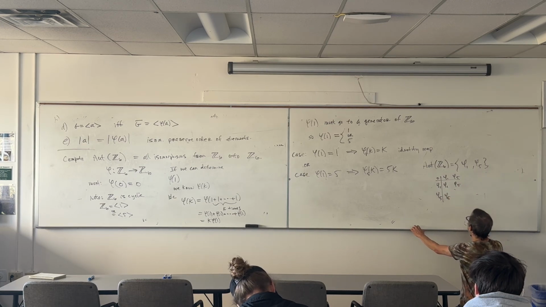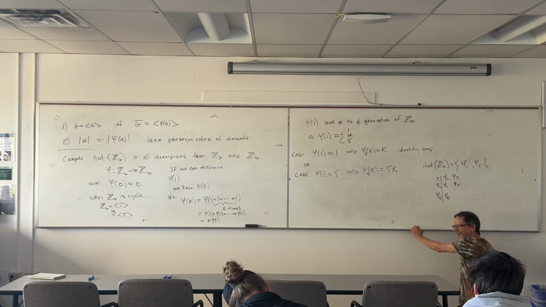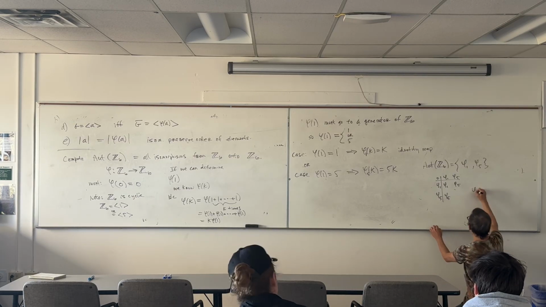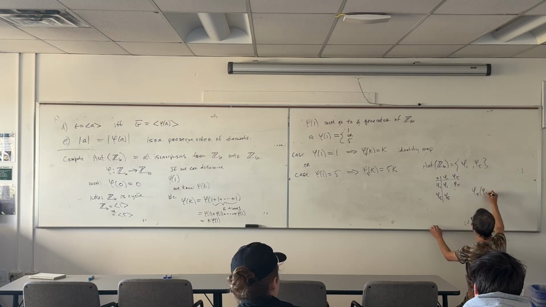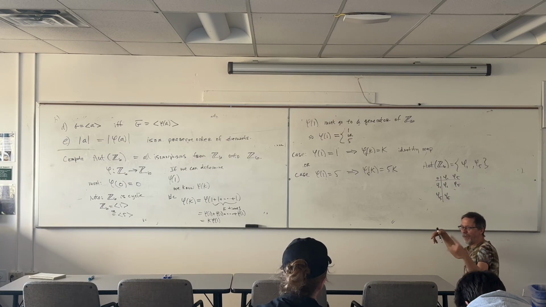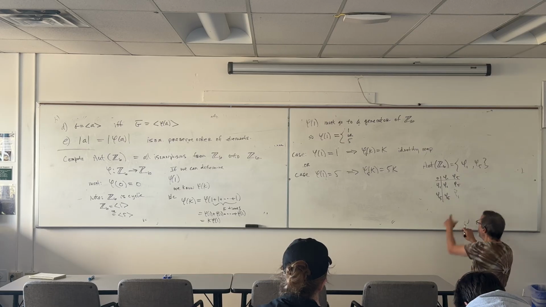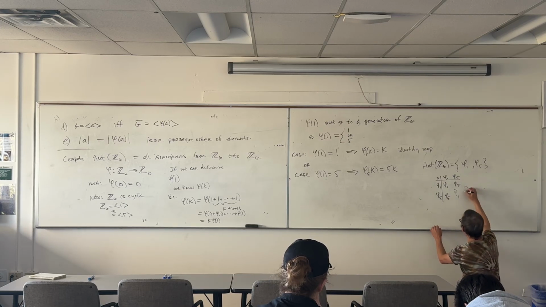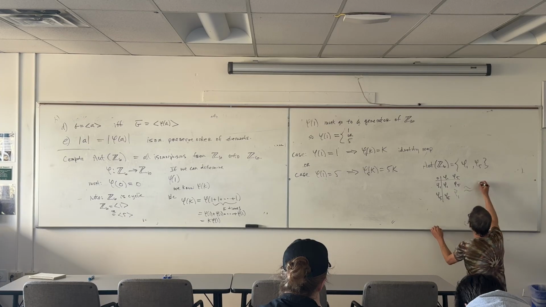What's phi 5 composed with phi 5? It'd be phi 1, right? It is phi 1, yeah, because it's like phi 25, which modulo 6 is 1. Phi 1. This group of automorphisms is isomorphic to Z2.